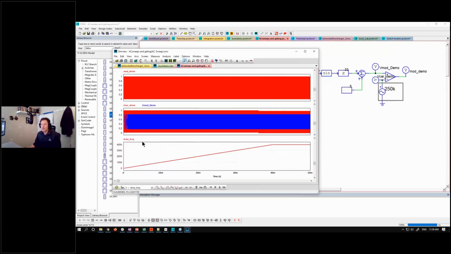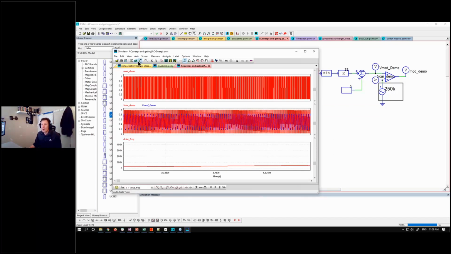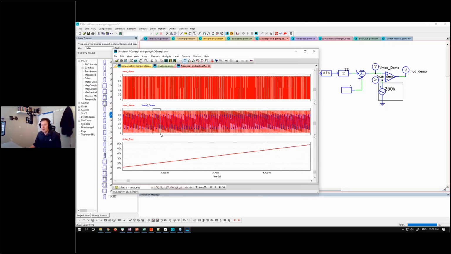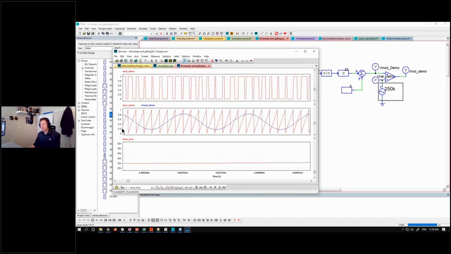Let's zoom in right at the very beginning here. Our modulation, the blue waveform here, we're slicing it nicely, and we can see the output PWM is nicely defined between the narrow pulses and the larger pulses, and this is at 30 kilohertz. So our ratio between modulation frequency and drive and carrier frequency is quite good.